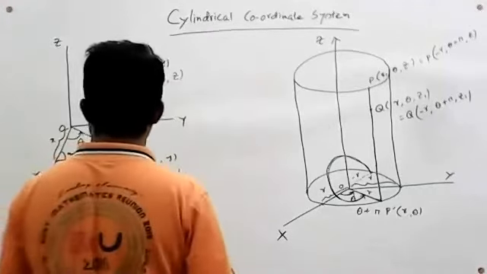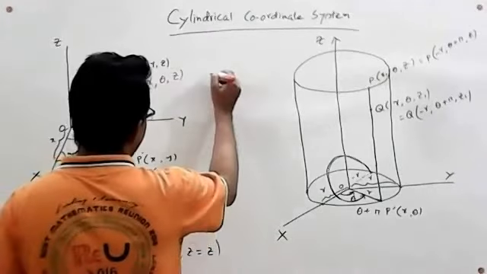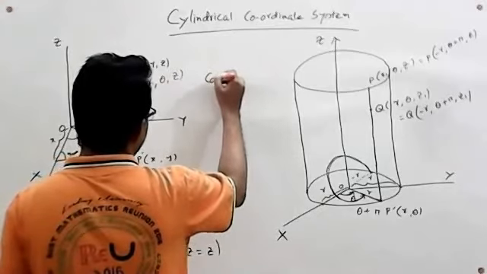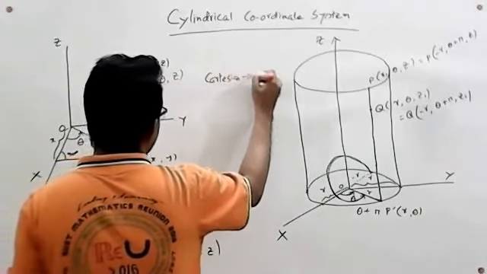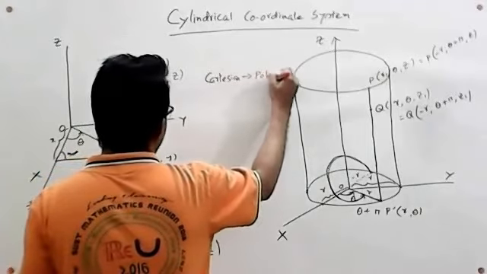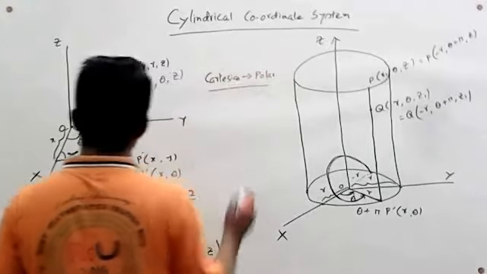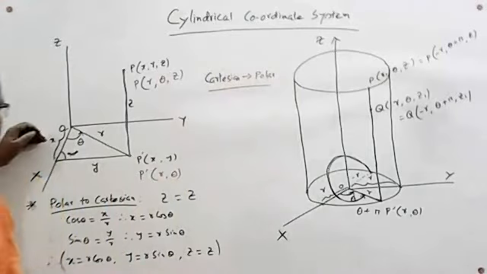Again, for Cartesian to polar, we also observe this figure. We have x, y, z, and we have to find out r, theta, and z.